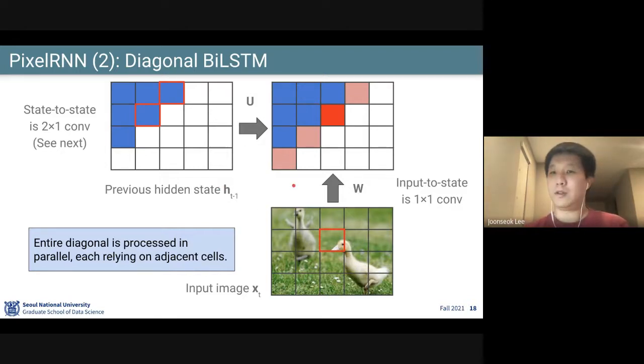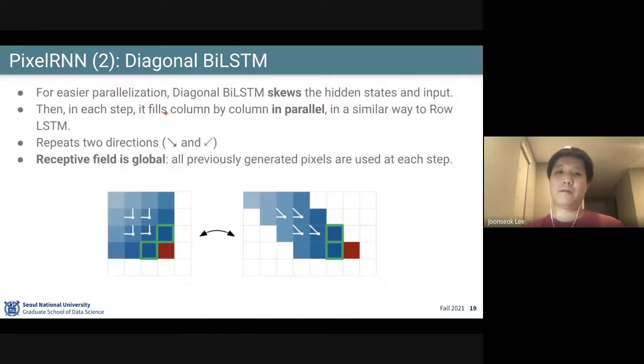So that's what they did, and because they use only one pixel from the input to state, they use a 1x1 conv, and the state to state is a 2x1 conv, because the input is just 2 cells here. So for easier implementation, they did some trick, which is called, I don't know, probably they didn't name it.